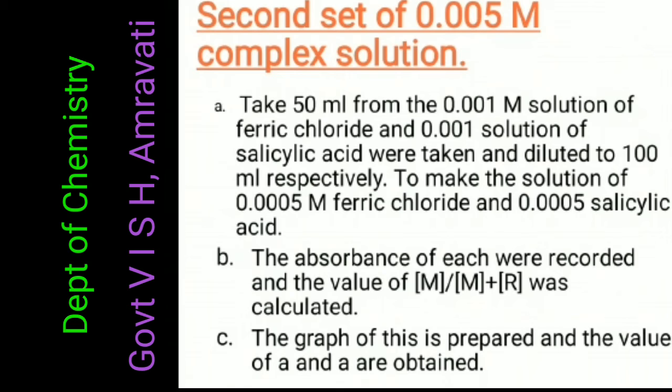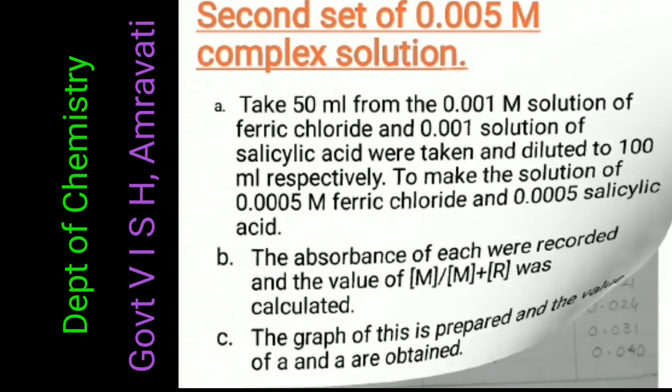In the same way as in the first lot, we have to take the solutions. The second point is that the absorbance of each is recorded and the value is calculated by using this formula. Again a second graph will be plotted. In the first one you will get the first graph, and in the second one you will get the second graph. In this way you have to perform the practical.